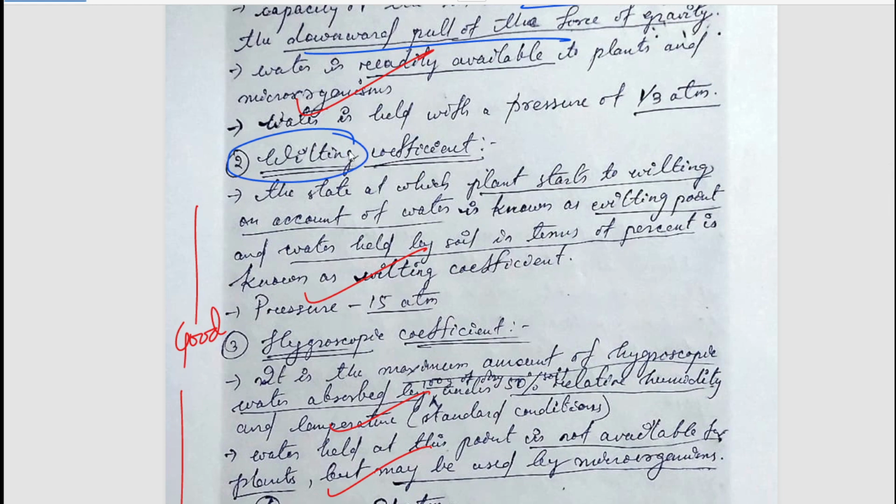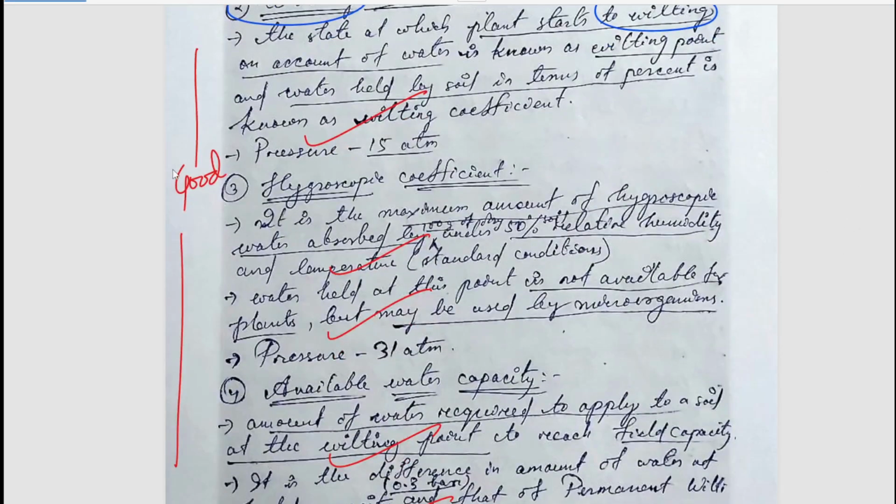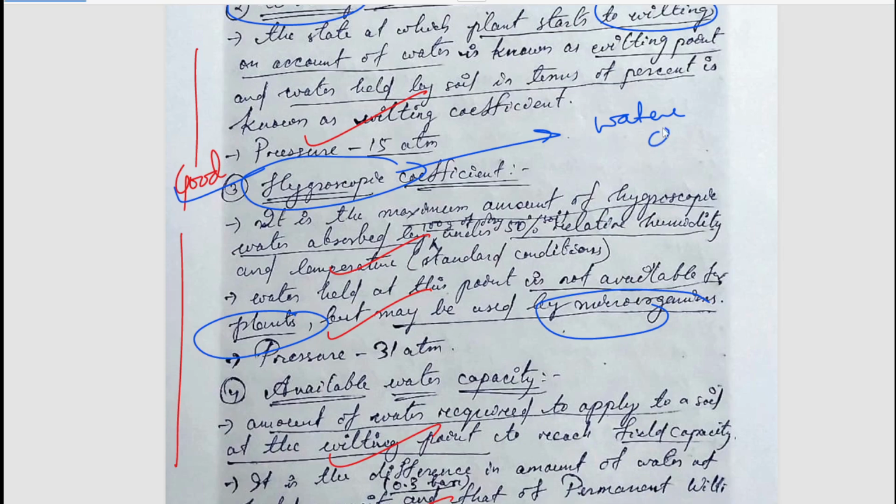If this much amount will not be there, the plant will start to wilt, that is it will start to fade. Then we have hygroscopic coefficient. The water is there in soil, but it is not able to be absorbed by plants.